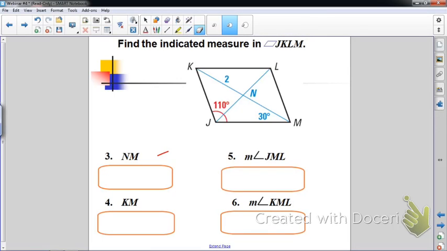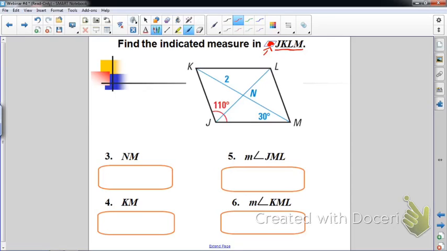So first of all, let's read this. It says find the indicated measurements of, see, there's the little shape there. That little shape that I'm highlighting in red tells us that it's a parallelogram JKLM.